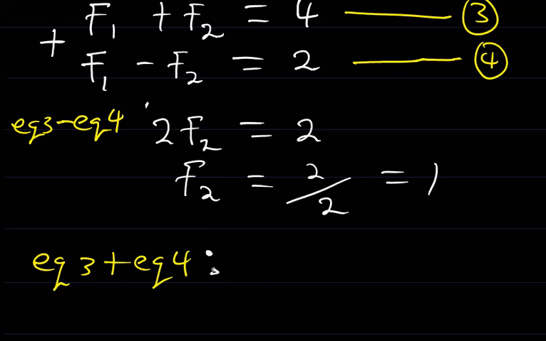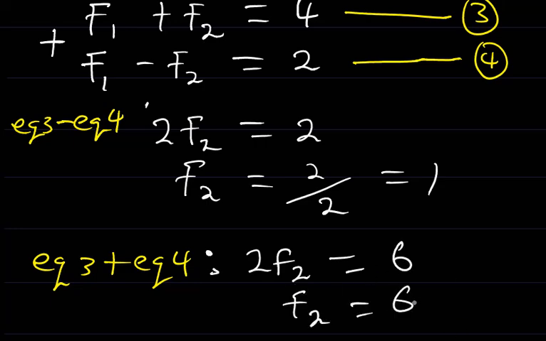So if I do that, F1 plus F1 is 2F1, and of course plus F2 minus F2, that is 0. So 4 plus 2 is 6. So invariably 2F1 is going to be equal to 6, so F1 is 6 over 2, which of course is 3 Newton.